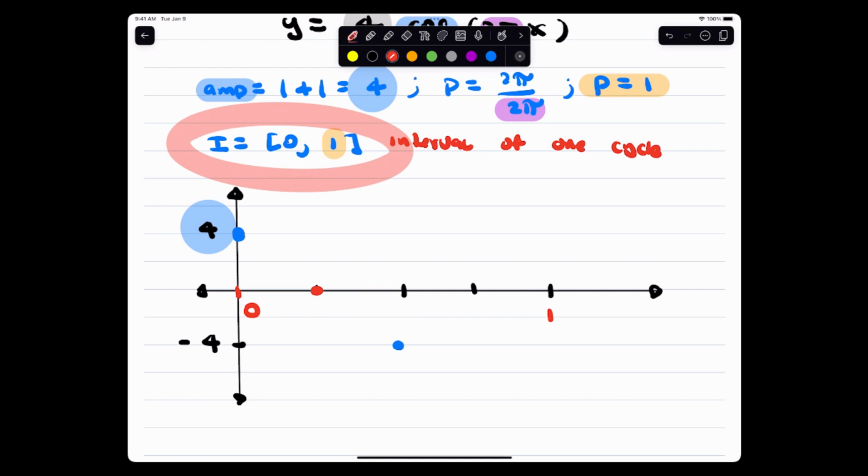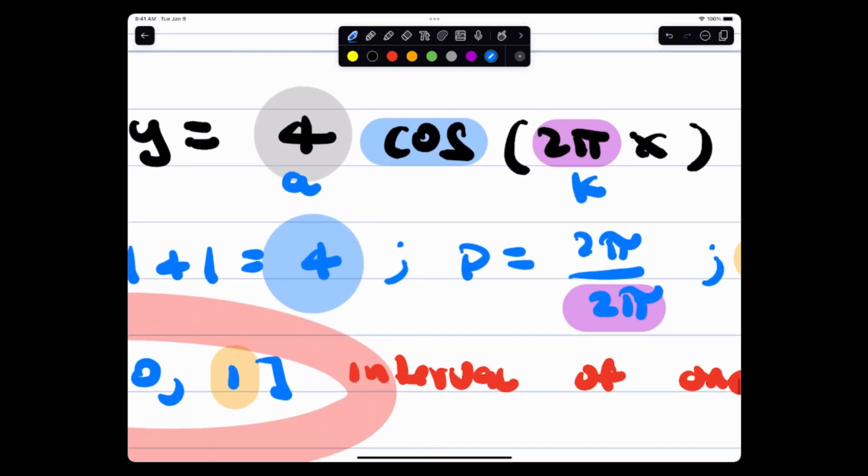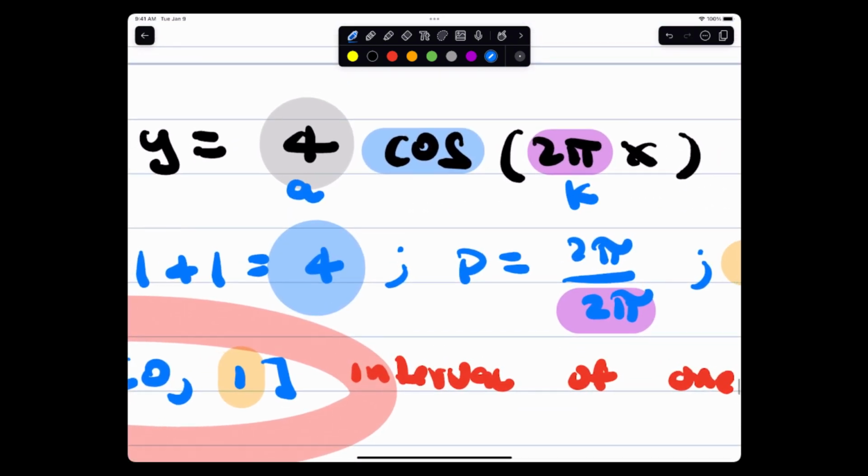It goes back to the x-intercept, and then it goes back to the what? Maximum value. So essentially, there you go. Because this is, again, the cosine curve. All right.